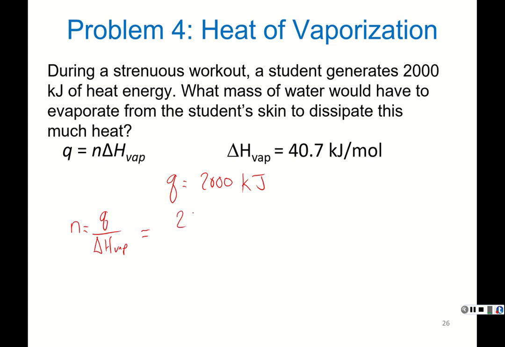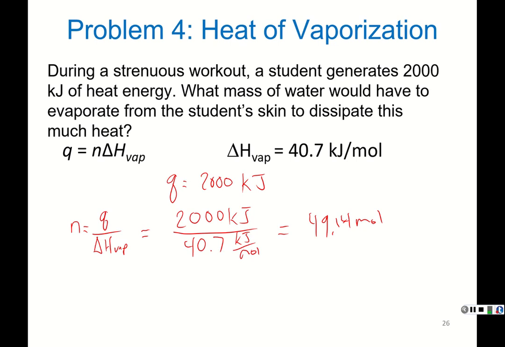So Q is 2,000 kilojoules. Delta H is 40.7 kilojoules per mole. When we do that math, that will equal 49.14 moles. So that's the moles.